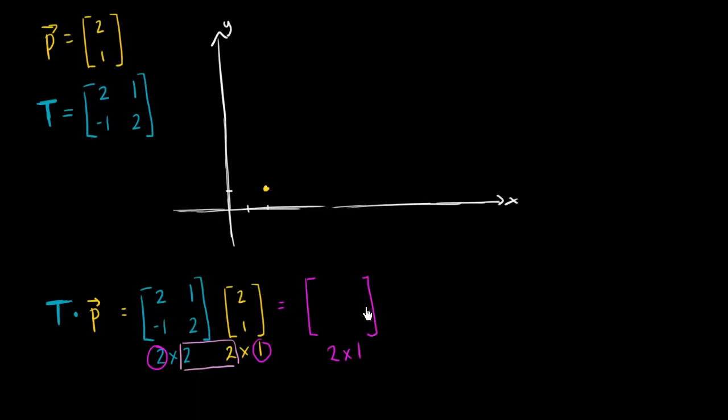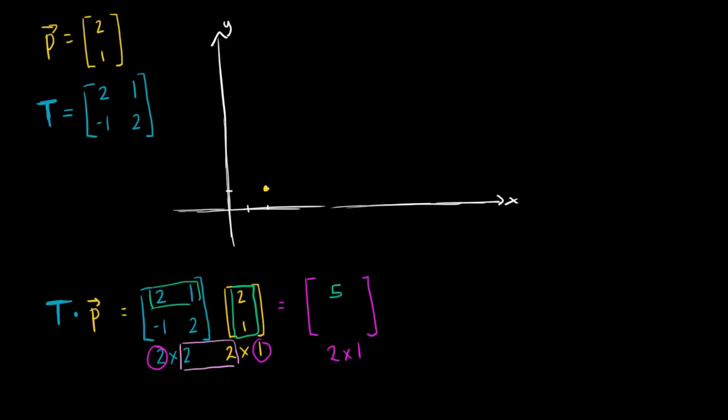So for this first entry here, we're going to deal with the first row and the only column really. So let me use a color that I haven't used yet. We're going to think about this row and this column. So it's going to be 2 times 2, which is 4, plus 1 times 1, which is 1, so this is just going to be equal to 5.